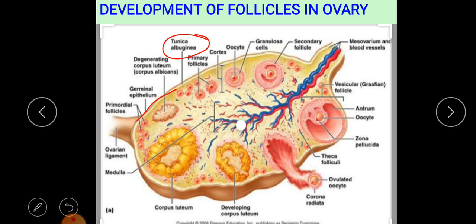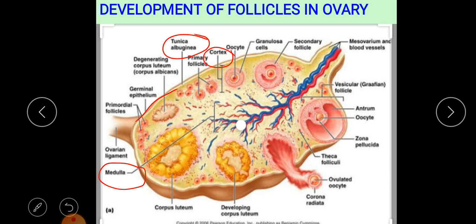Along with that there are connective tissues, loose connective tissues, and also the stroma is present. The stroma consists of the inner portion, the medulla, and the outer portion, known as the cortex.